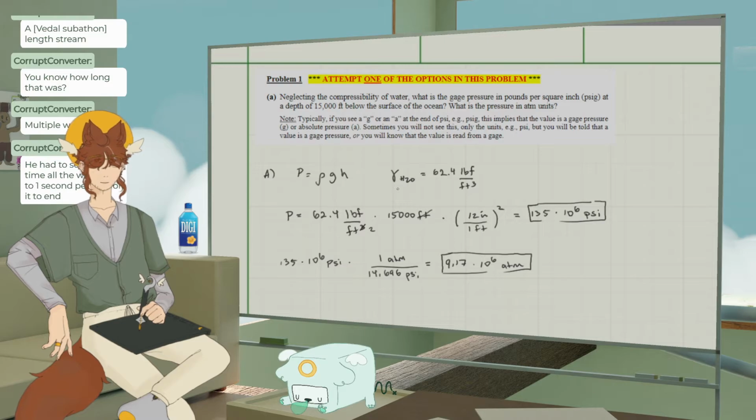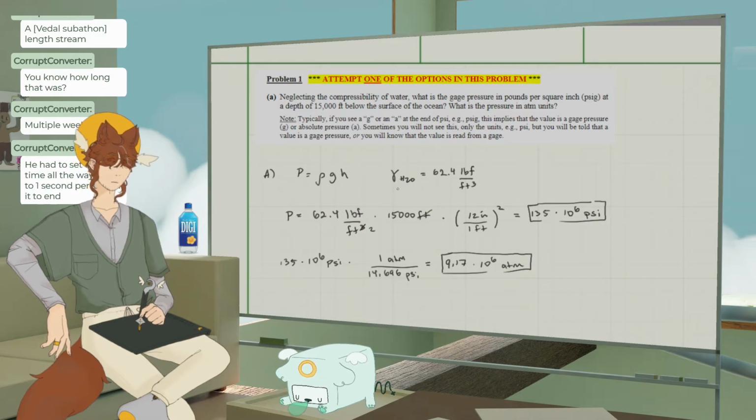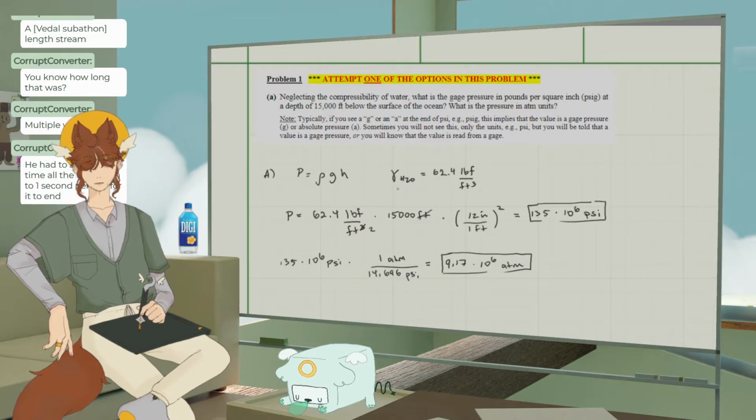What is up with my density of water here? Pounds per square inch. Okay, let's say if I did it in slugs. Do I want to get a slug? Sure. Slugs are in foot-pounds. But that's not gonna help me.